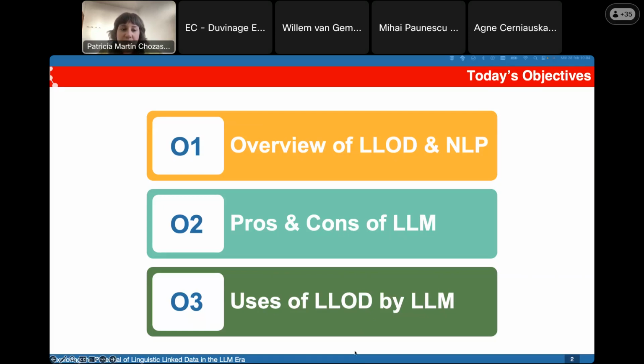The second objective is focused on LLMs, only a brief overview of what LLMs are and how they work, and their benefits and limitations. And finally, combining both, we will explore the combination of linguistic linked open data and large language models. So let's start with objective 1.